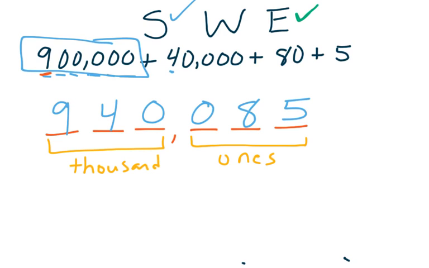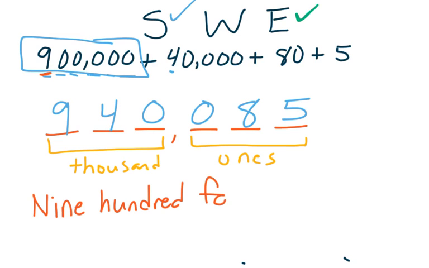I have 940,085. So that's what I need to write for my word form. So I just finished standard form and I'm going to move to word. I have 940.